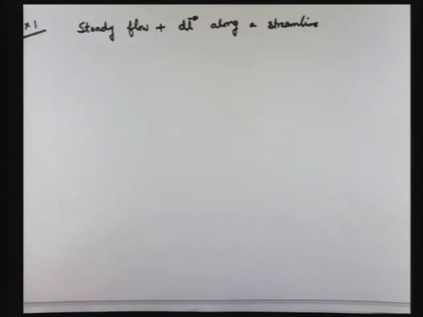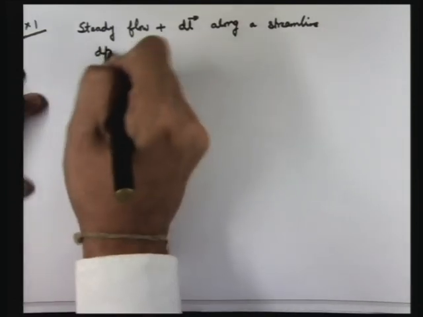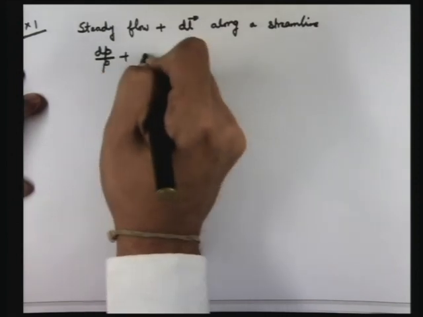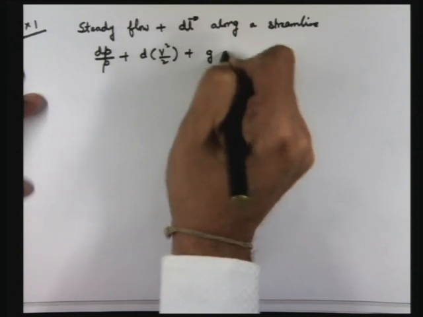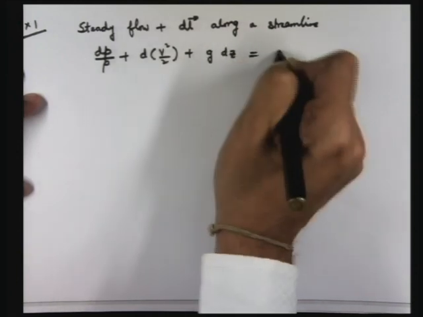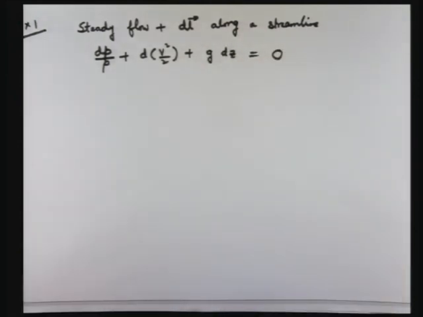Then you have dp by rho plus d of v square by 2 plus g dz equal to 0. This is considered as Euler's equation of motion along a streamline.